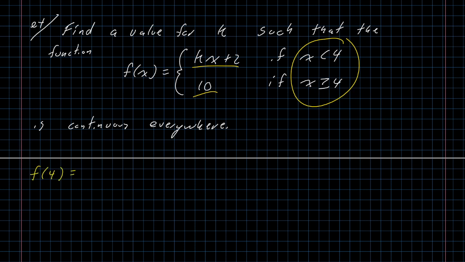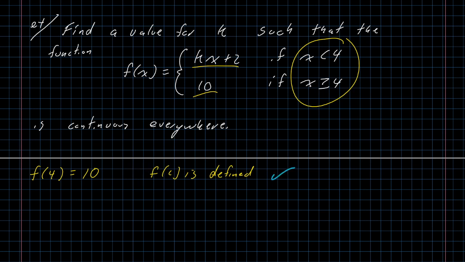So the first thing I think about is what happens at 4. Well, when x is greater than or equal to 4, we use the second piece of the piecewise function, and we get 10. Which means that f of 4 is defined.